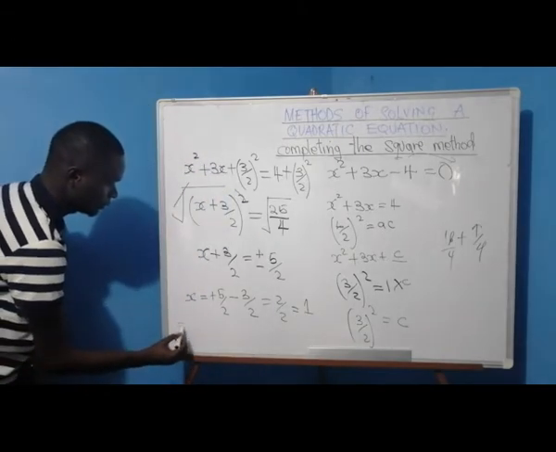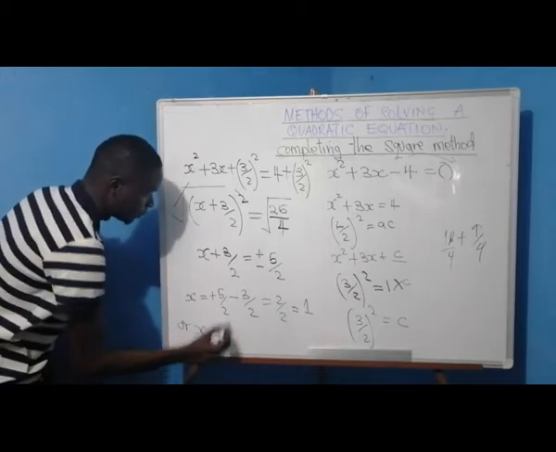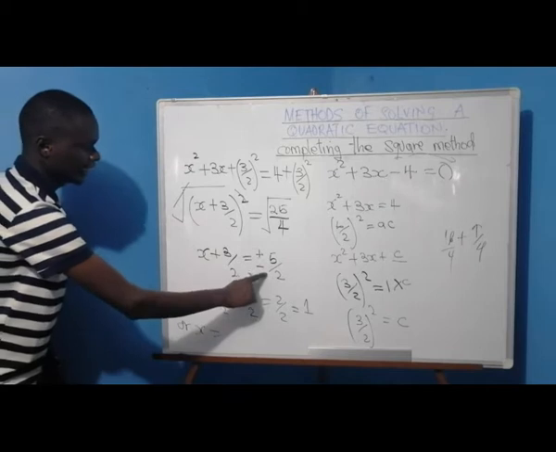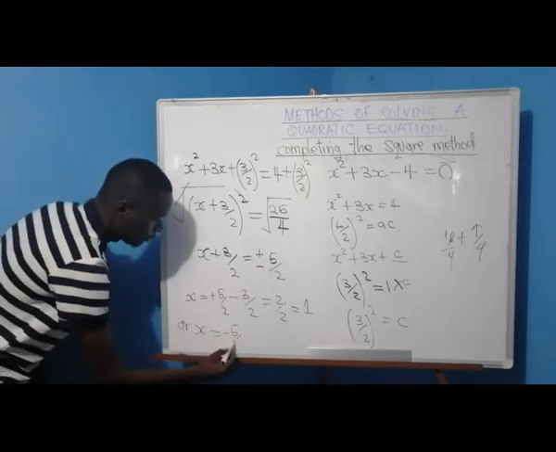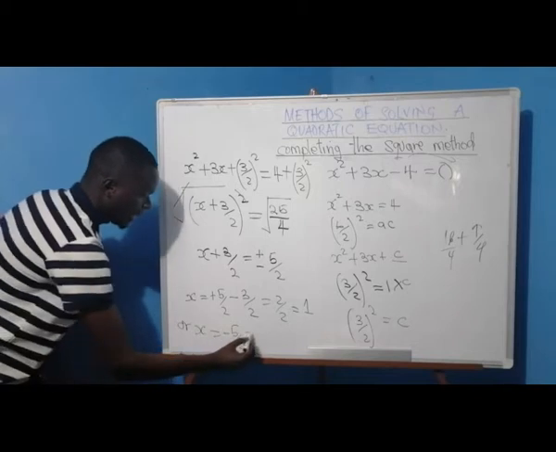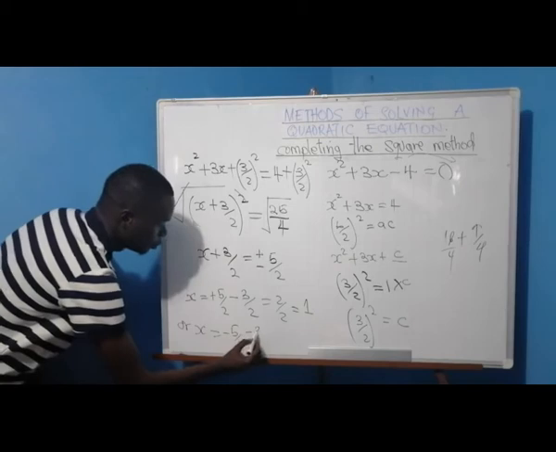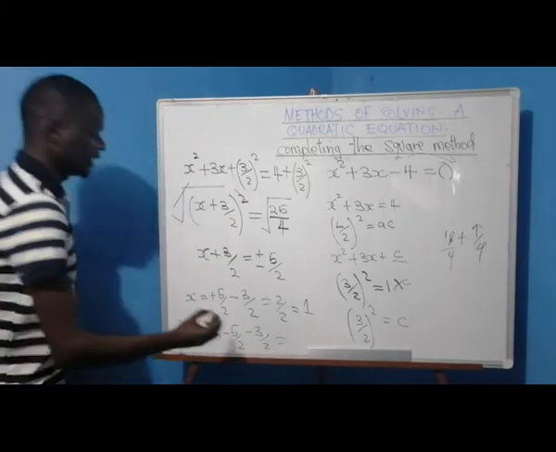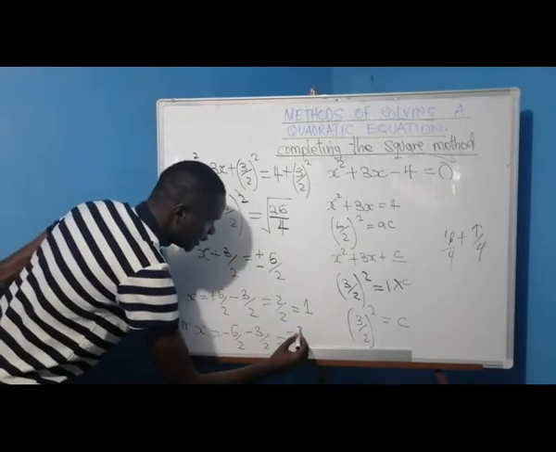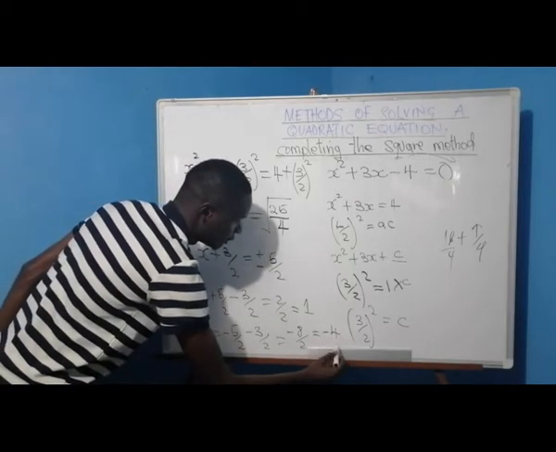Or x is equal to, we take negative because we took positive for the first case, negative 5 over 2 minus 3 over 2. This is going to give us negative 8 all over 2, which is just negative 4.